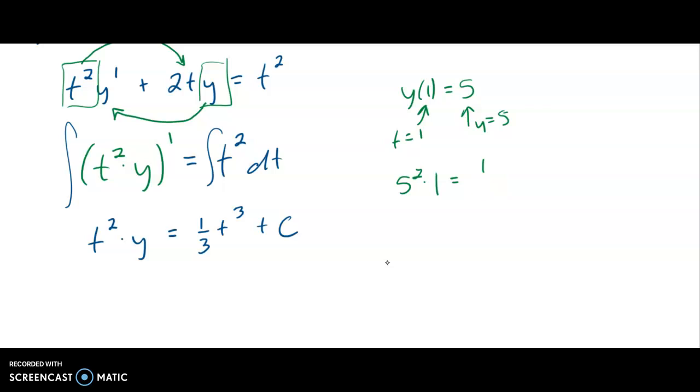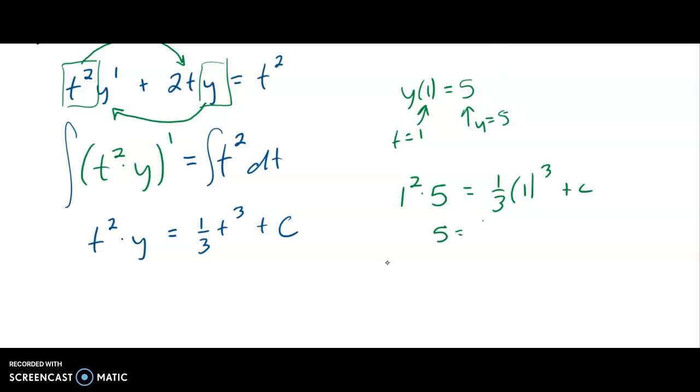Did you catch that? t is 1, so I get 1 squared times 5 equals 1/3 times 1 cubed. Sorry about that mistake. Plus c.